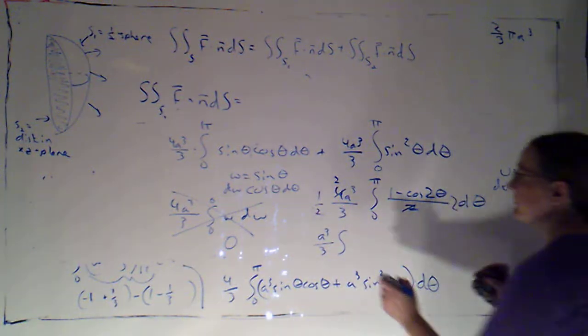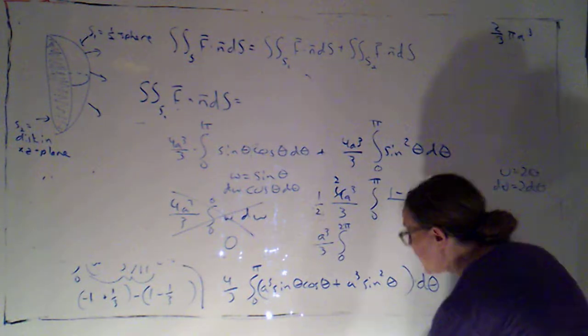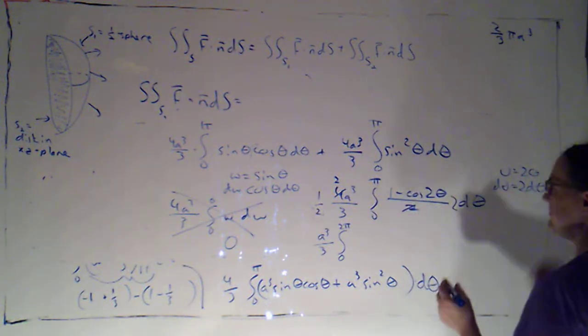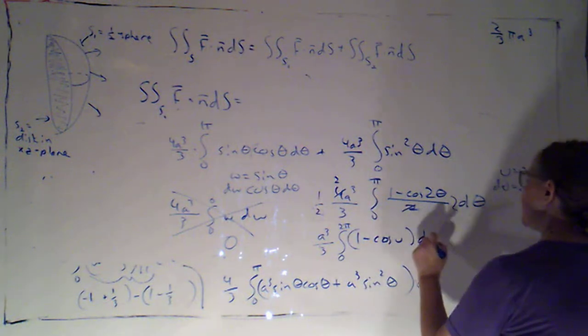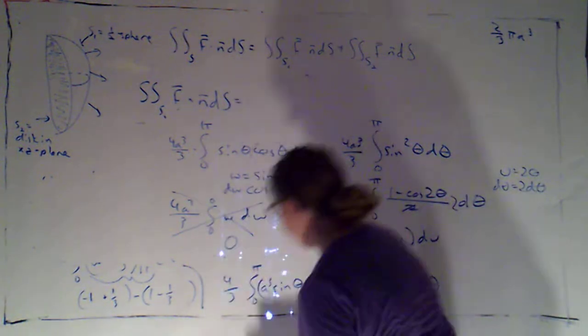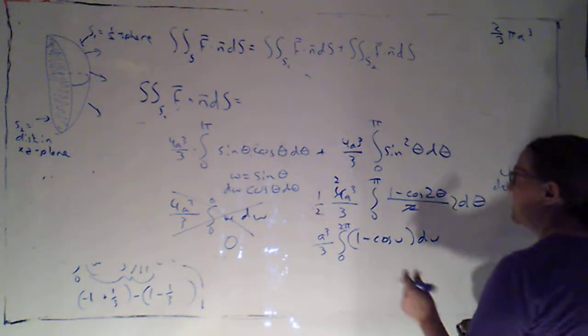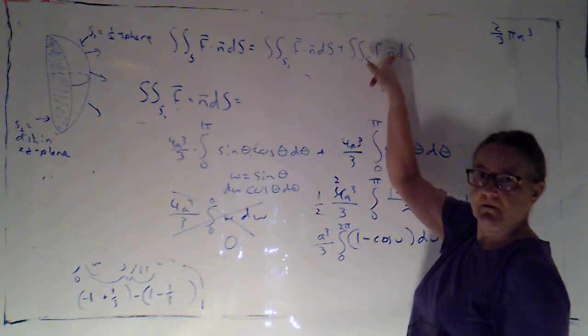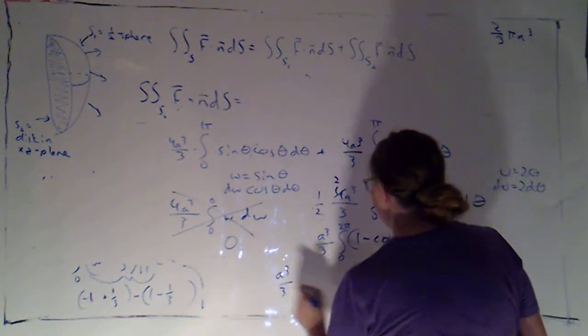The integral from 0 to 2 pi, make sure you remember to change to your u values, of 1 minus cosine of u du. All right, we are almost there with the first of 2 surface integrals. Okay, so a cubed over 3.